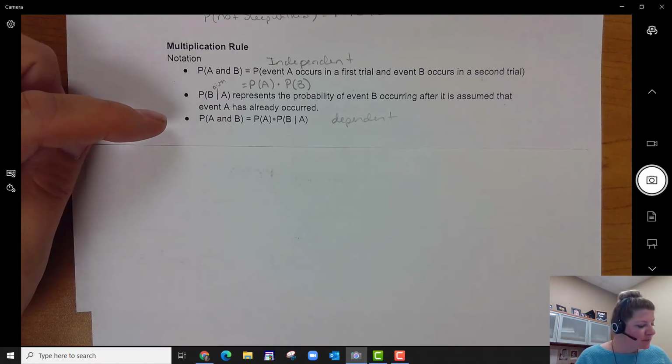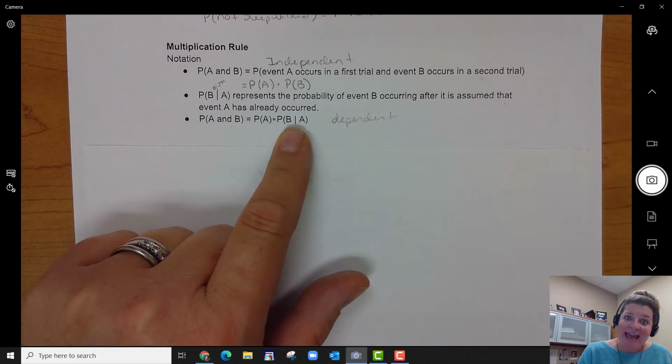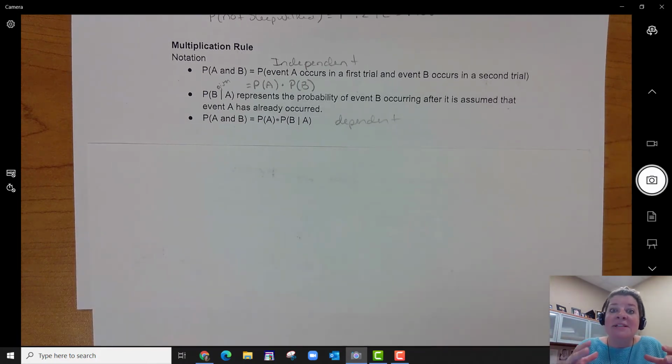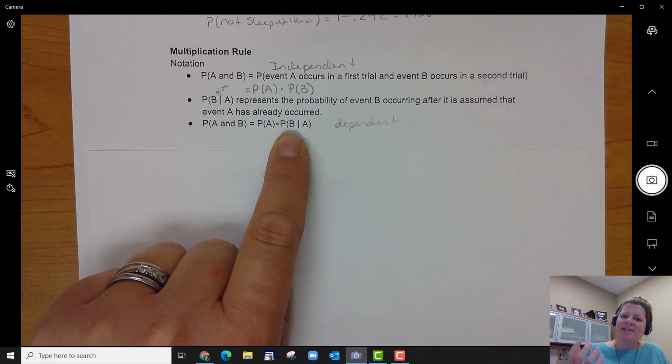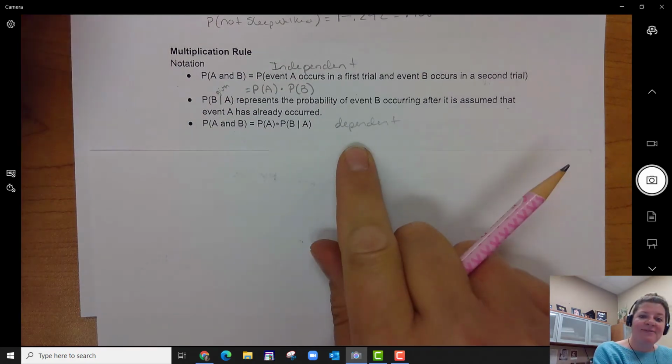Same idea here: sometimes that second event's probability is affected by event A. So think of dependent ones like if I have some marbles in a bag and I take one out and then I take another one out, the probability of the second is dependent on what you got on that first one if you left it out. If you replace it, then the probability would be the same every time. But if I start leaving things out, it's going to affect the second event. That's what it's trying to tell you here. It makes a little more sense in examples, but this is the idea of dependent.